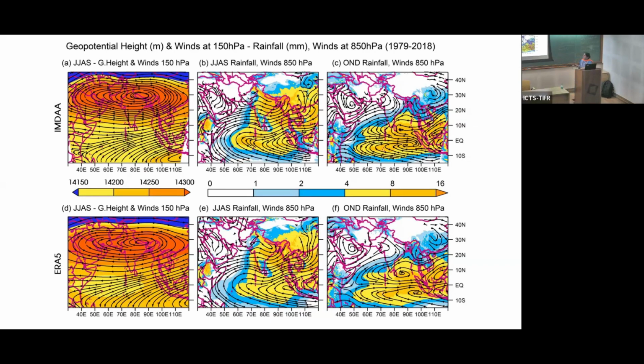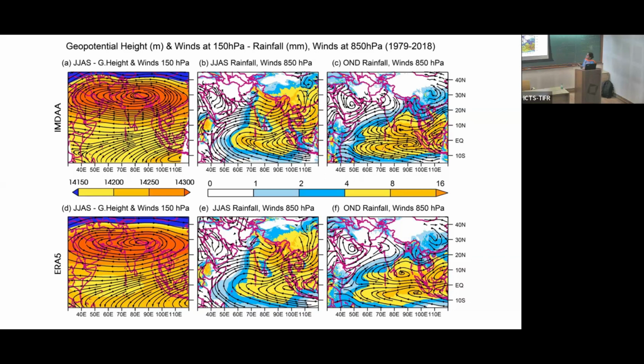So we compared this data with ERA5. This is the comparison: geopotential height, winds at 150 hPa and rainfall in the top panel, and similarly at 850 hPa in the lower panel. The upper panel shows IMDAA and the lower shows ERA5, for 150 hPa, 850 hPa, and October, November, December rainfall and winds.